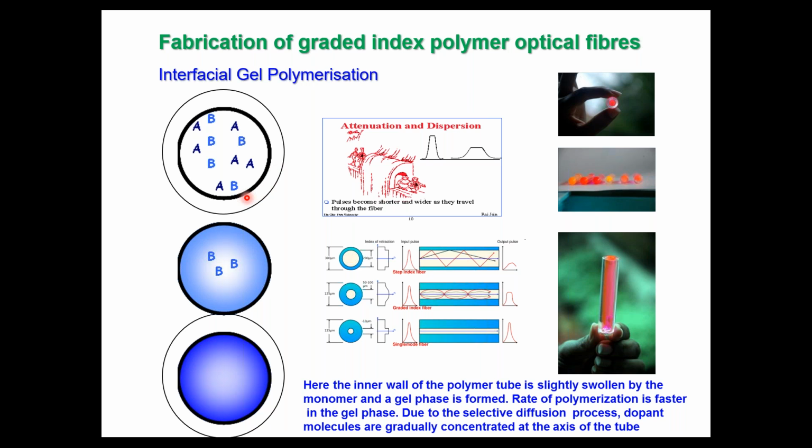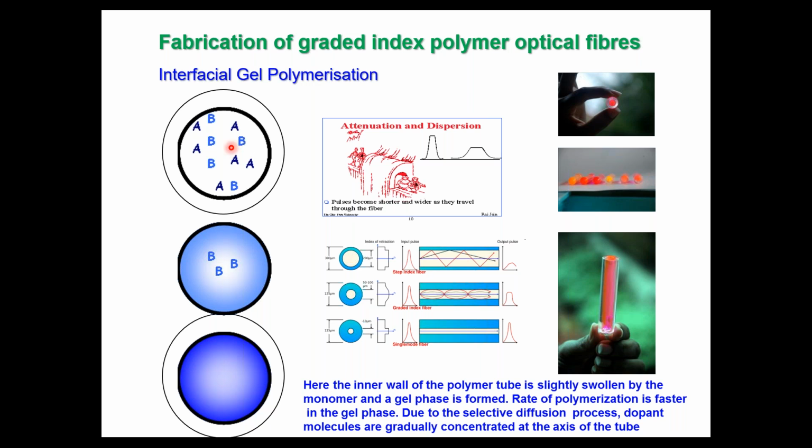You initially make a hollow polymer tube and then fill that tube with the monomer, that is methyl methacrylate, which after solidification becomes the plastic or the solid. So you start with a solid tube-like structure, then fill this inner region, fill that tube with the solution.